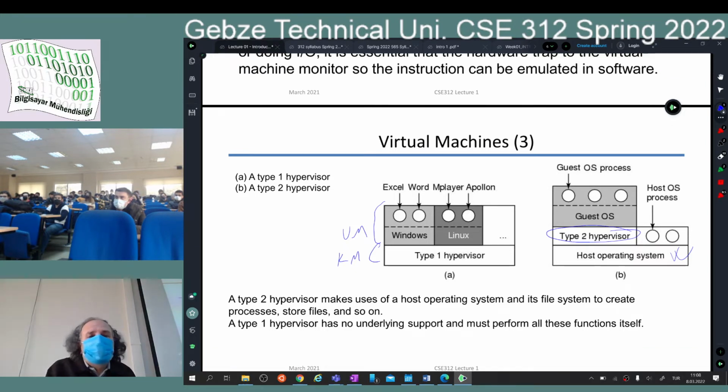We are talking about this because these are different types of operating system structures and architectures. Sometimes you design your operating system knowing that it is going to work like this, or like this. Good. Any questions? Yes. Is your Ubuntu a type 2 hypervisor?